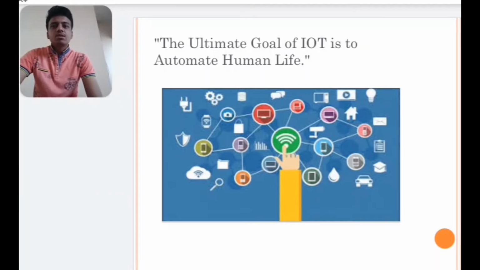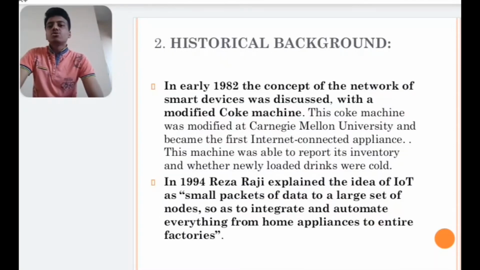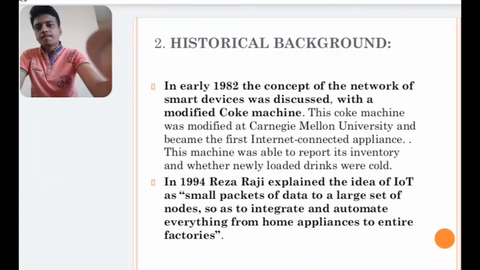This sentence covers everything for the Internet of Things, which means that the main aim of the Internet of Things is to automate human life, to enhance human life by sharing the data, by distributing data in a more efficient and proper way, to get it and use it in a proper and efficient manner. So the next point after this is the historical background, which will be continued by my friend Vivek. Thank you.